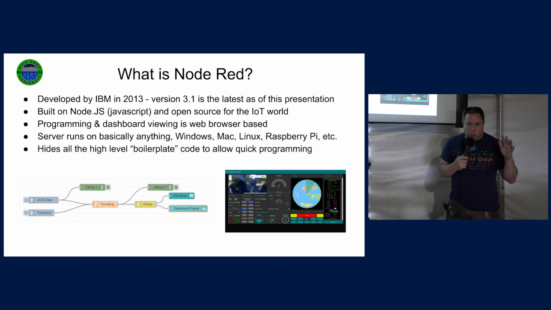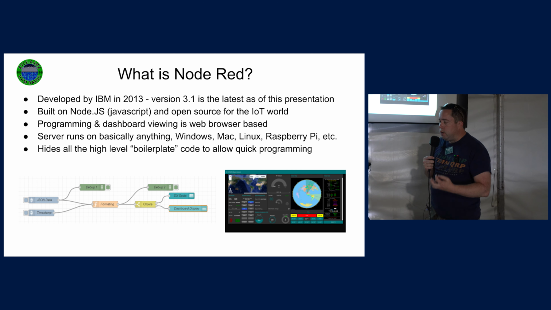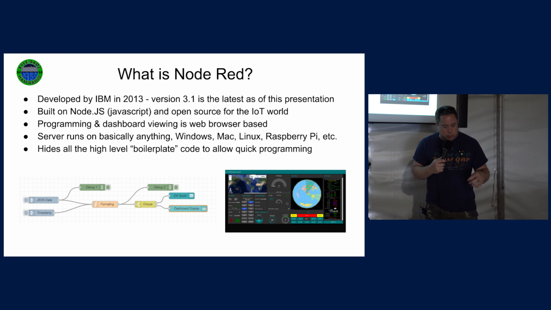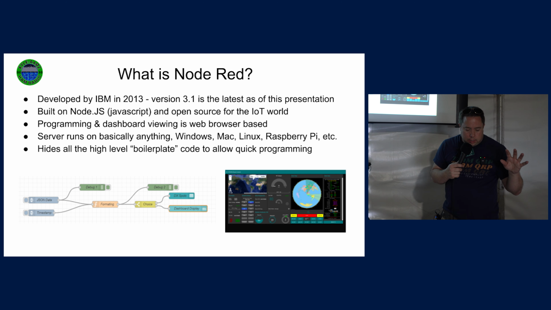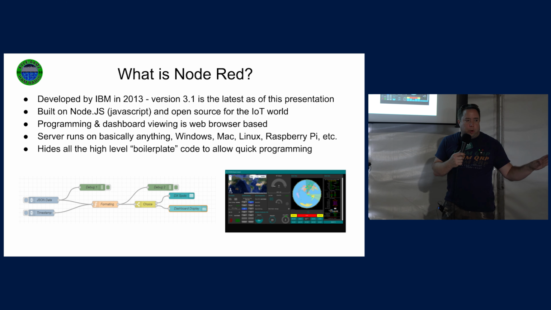It's web-based. It runs on your computer. It runs on Windows. It runs on a Raspberry Pi. It runs on an Arduino. It runs on Linux. It runs on a Mac. Basically anything that you can boot up, it can probably be installed on. And the nice thing about Node-RED is it hides all the boilerplate code.